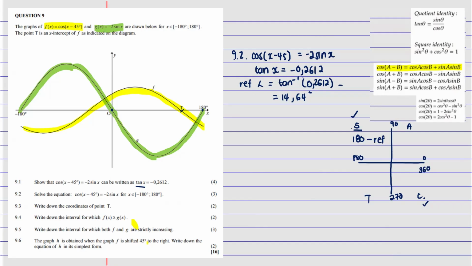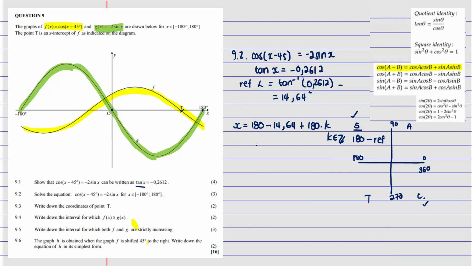So that you are not confused, x is equal to 180 minus the reference angle, which is 14.64, plus, since this is tan, our period is 180 degrees, multiplied by k. Is everyone fine with that? And remember that k is an element of the integers.